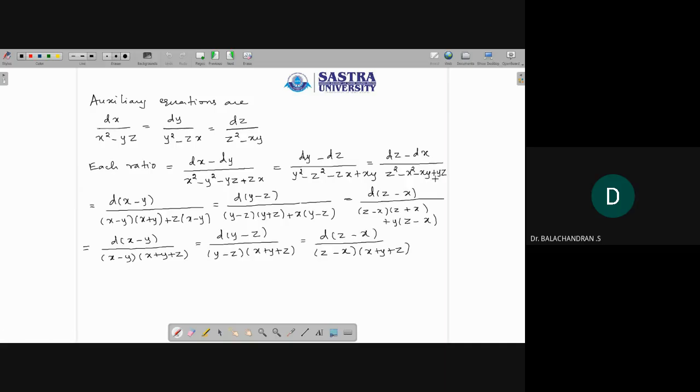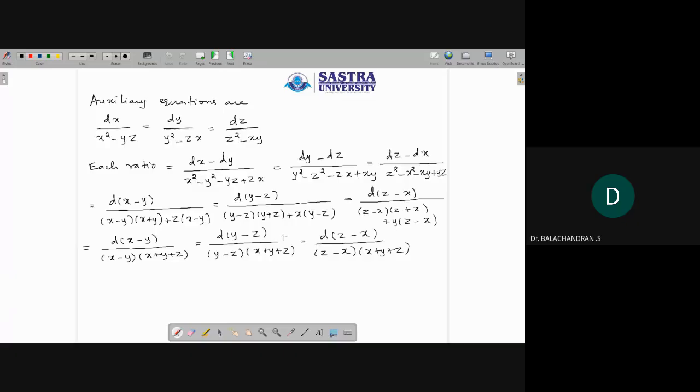If you take y commonly, remaining is z minus x. Okay. So here x minus y is common. If you take x minus y common, x plus y plus z. Similarly here y minus z is common, remaining is x plus y plus z. Here z minus x is common, so that's why it is x plus y plus z.